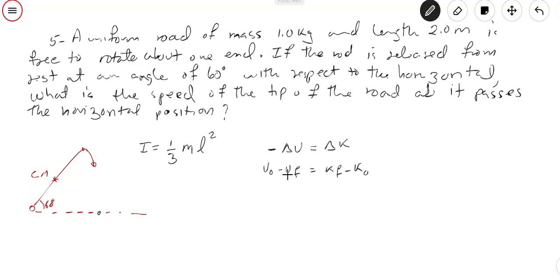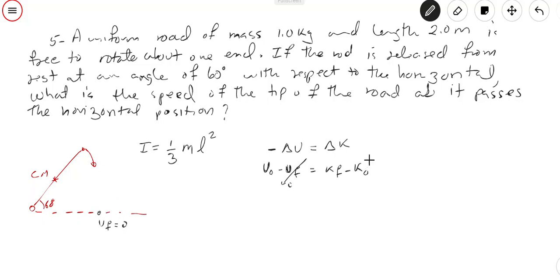Of course, the final potential energy when it's passing through this point would be 0, because the height of the center of mass with respect to the horizontal is 0, right? So U final is 0.